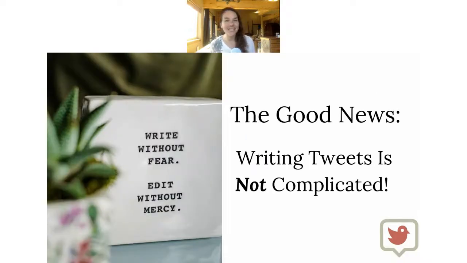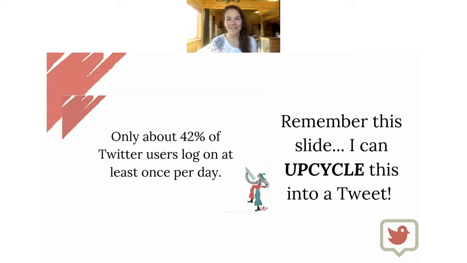So while it might take you a little more time to batch out tweets because you can't reuse the same exact tweet, with that 280 character limit, it's not like you're going to have to spend a ton of time, right? So as we're doing this, I want you to think about what content you already have that could be turned into a tweet easily. Remember that slide from a few slides ago that said only about 42% of Twitter users log on once a day? Hey, this could be a really cool tweet that a company like Meet Edgar could use, right?